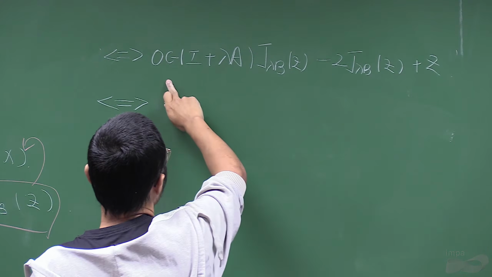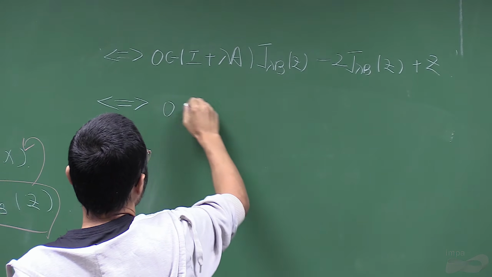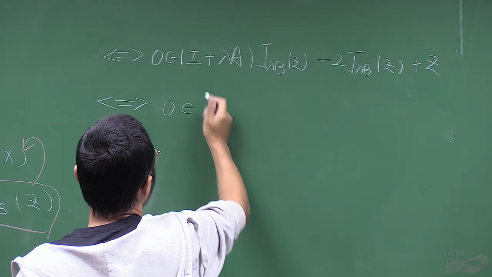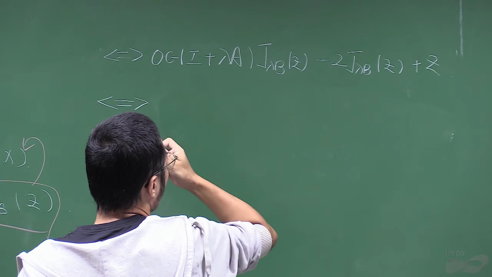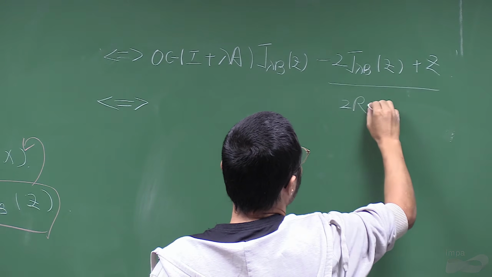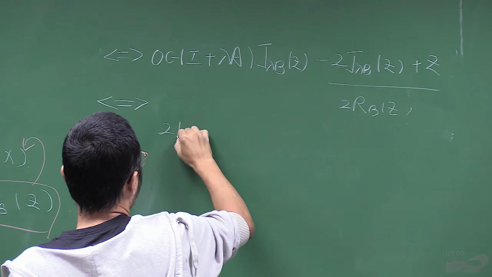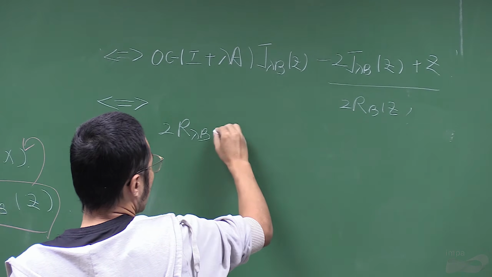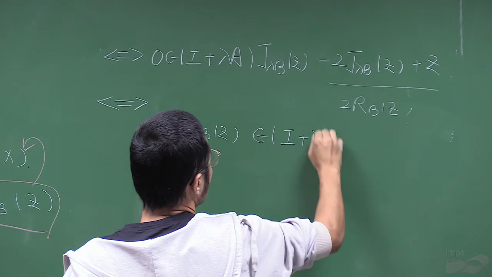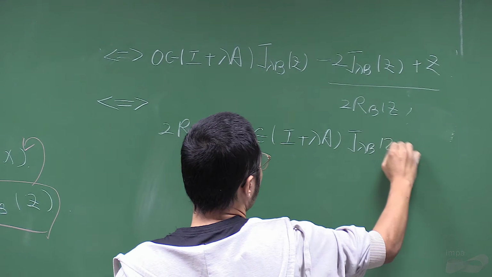If we take the resolvent on both sides, z belongs to (I plus lambda A) of the resolvent of B at z.